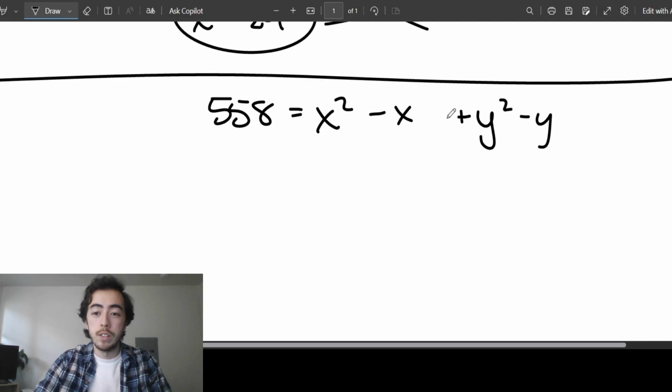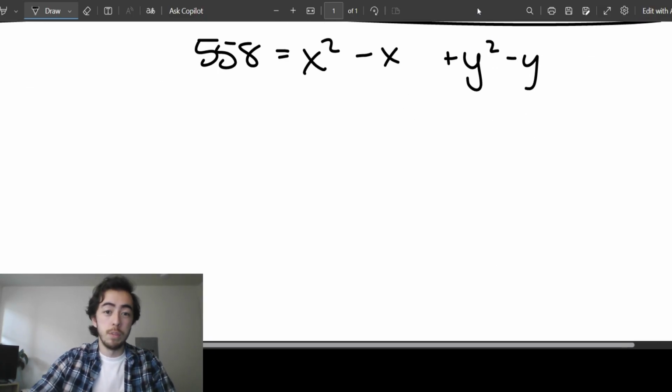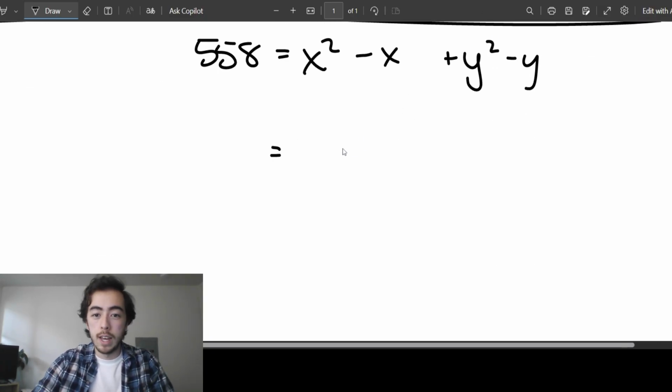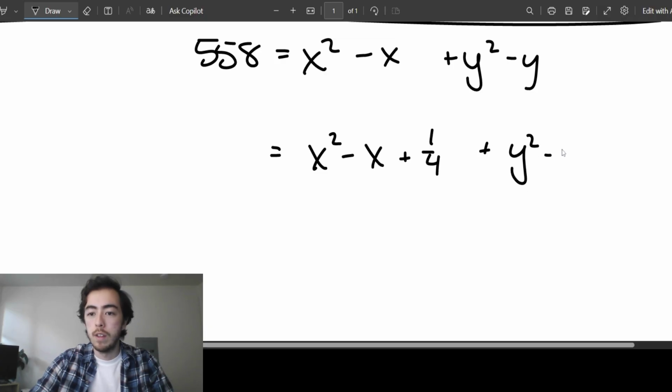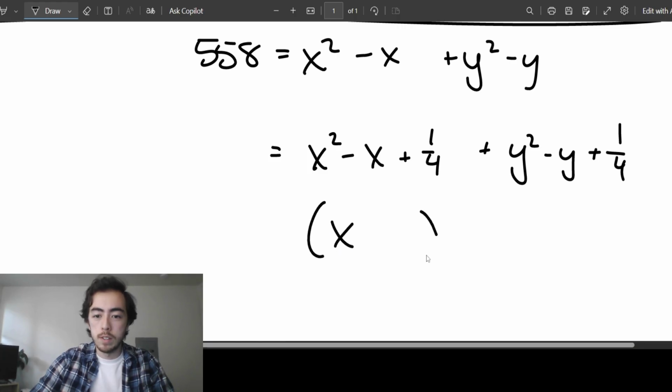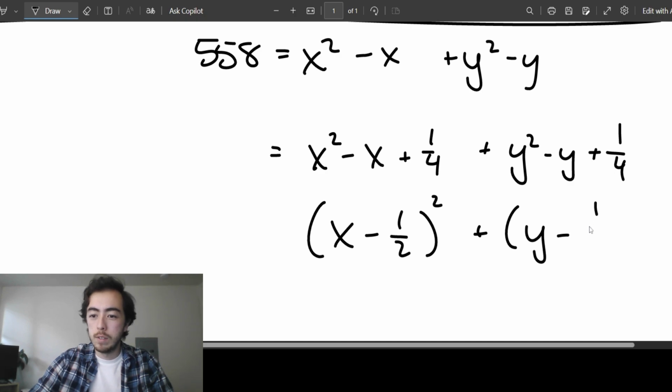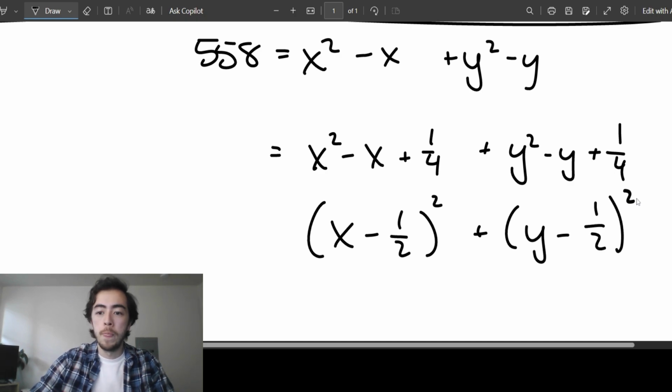This right here is a circle, I believe, because we can complete the square by adding on, what's the best number, I think a 1/4 here and a 1/4 here. The idea is that I can complete some squares. This is going to be x minus 1/2 squared, and then this will be y minus 1/2 squared.